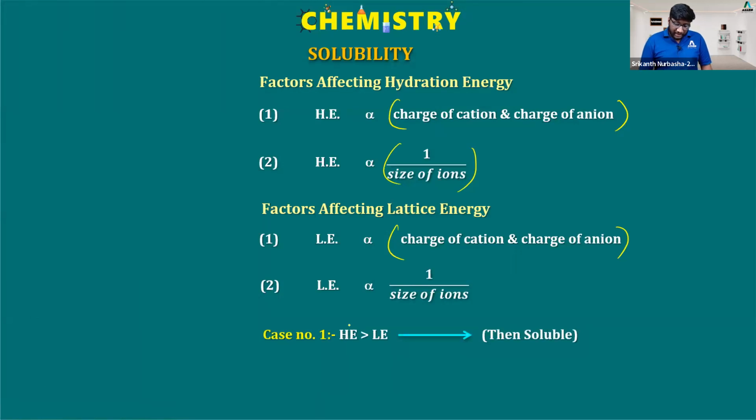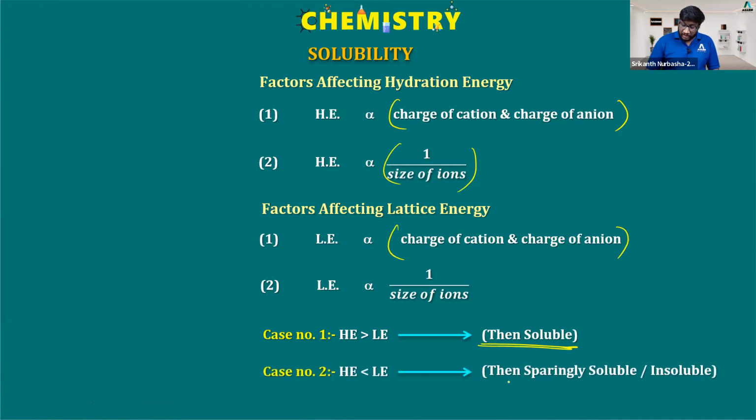Case number 1: hydration enthalpy greater than lattice energy means the respective salt is going to be more soluble. If lattice energy is greater when compared to hydration, then sparingly soluble or insoluble. This is how you can understand solubility.